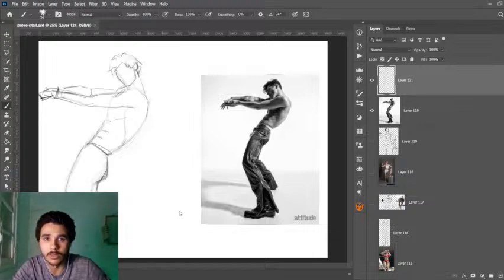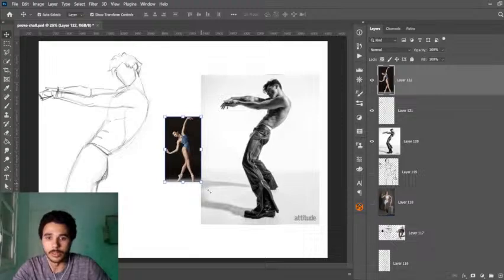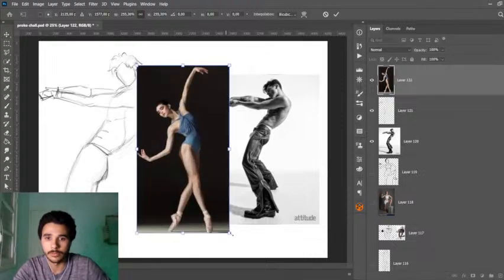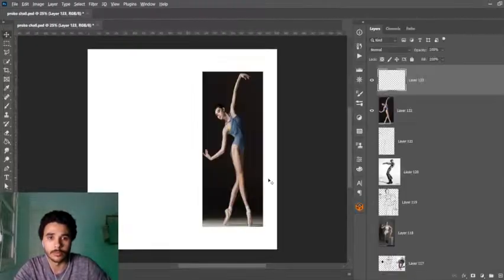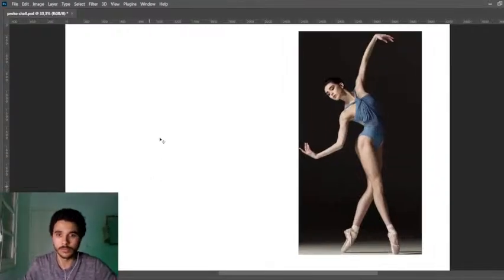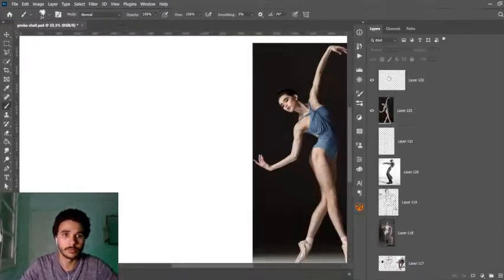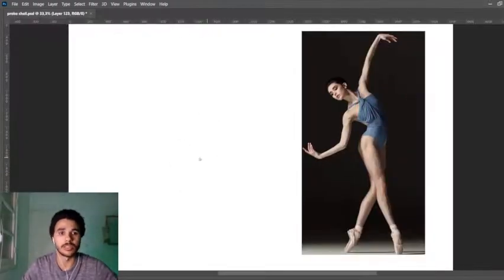Nice. I like this. Let's do this one. Is my brush too thick? I guess it is, but it's okay.